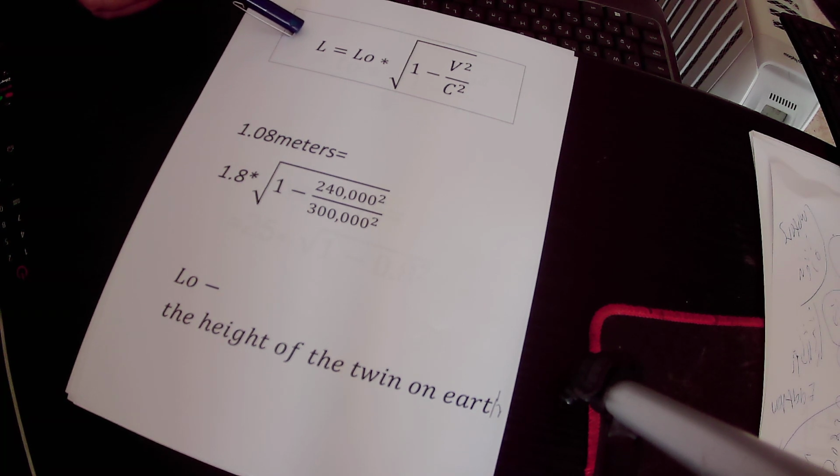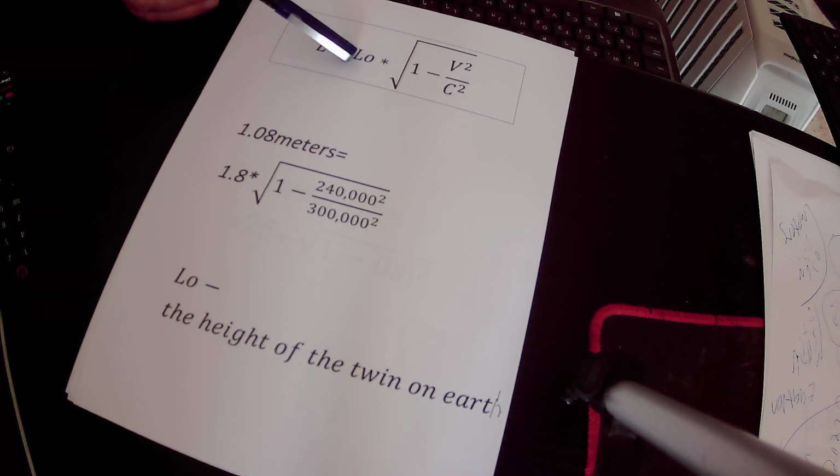So, as I have already explained, the length L is the length of the object after the contraction, and L naught is the height of the twin on the Earth.